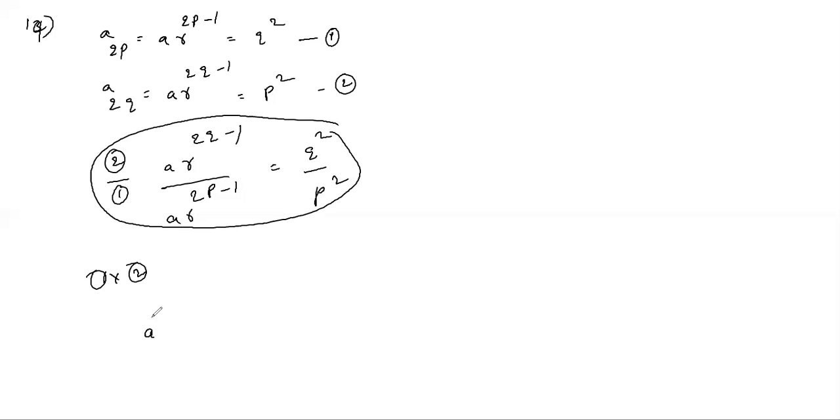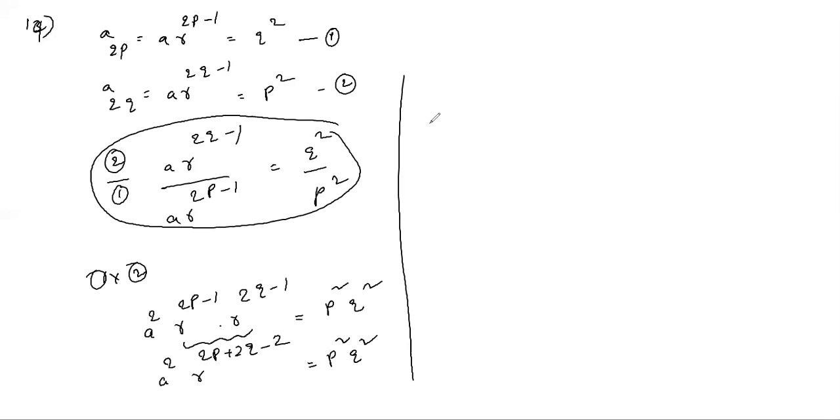A into a square, a square, r power 2p minus 1 into r power 2q minus 1 equals P square Q square. In the product, the bases are same, so powers you have to add: 2p plus 2q minus 2. This is P square Q square. See here, a square, and this one you can write as a r power p plus q minus 1 into 2, equals P square Q square. You can write this one whole square also: a r power p plus q minus 1 whole square equals P square Q square.